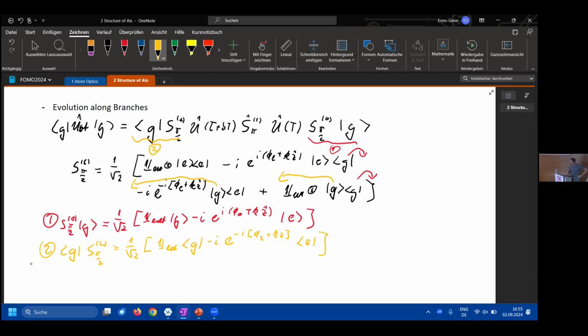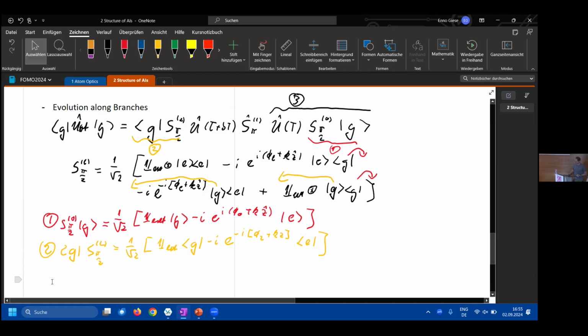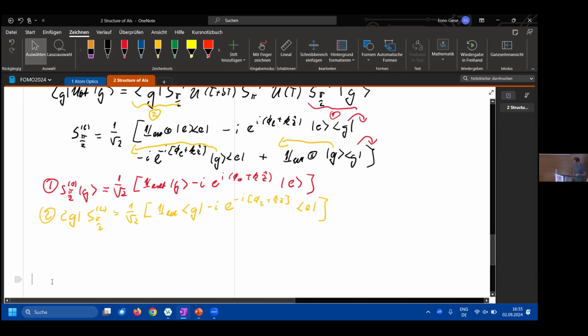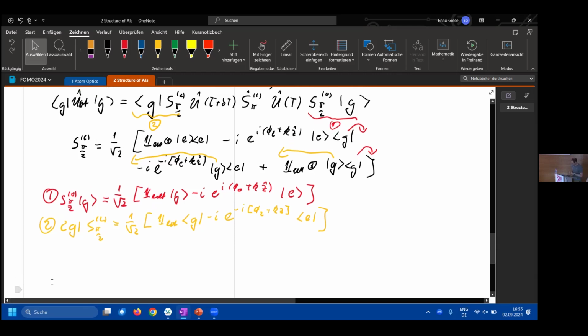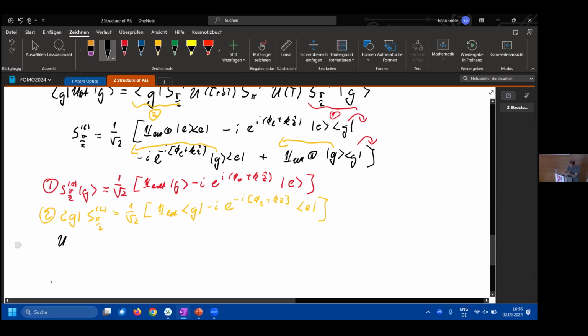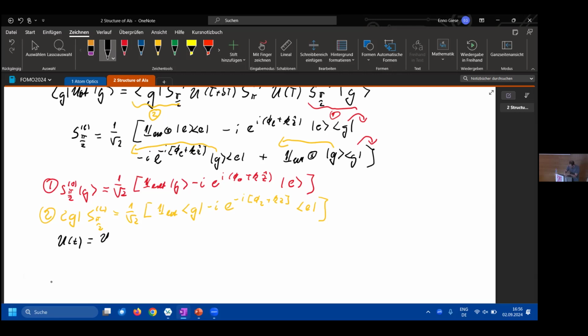So now we are halfway done, even though it doesn't look like it, but it's faster than you think. Well, now we have to calculate this contribution here. What do we need for that? We need the time evolution. So it is U of t is equal to U external of t, and I don't specify that yet.